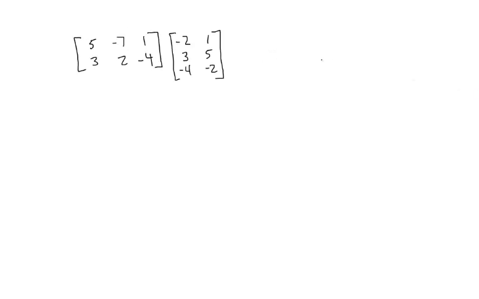In the last example, I have a 2x3 and a 3x2. So in this case, the 3's match, so we can do the multiplication, and our solution is going to be a 2x2.